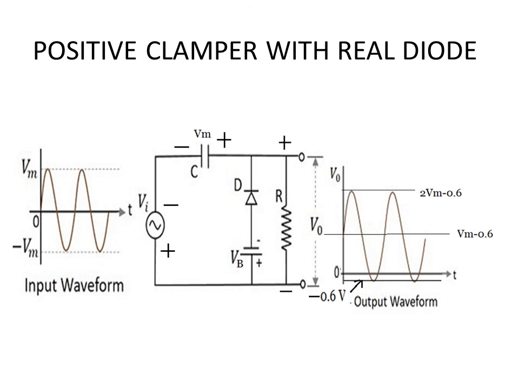Earlier the trough was at minus Vm value, but now the trough has gone up and it is clamped at minus 0.6 voltage. Okay, so this is a positive clamper. When you assume that the diode is a real diode made up of silicon, the clamping will take place at minus 0.6 volt.